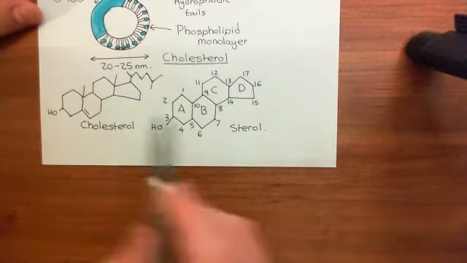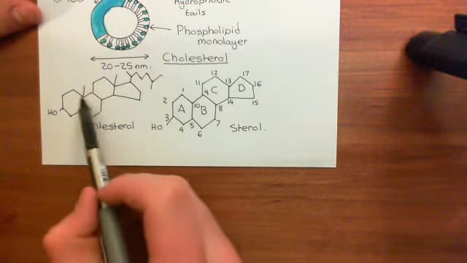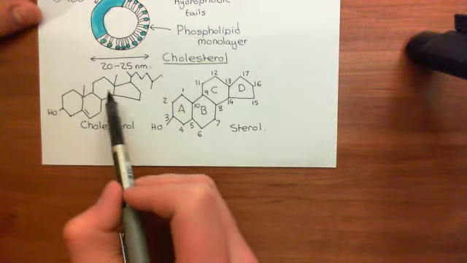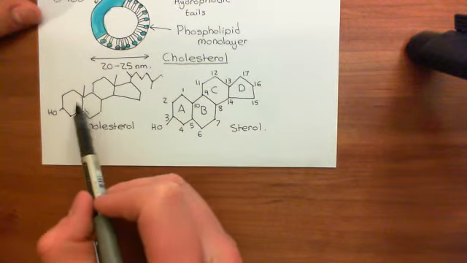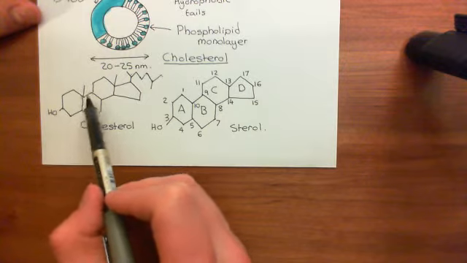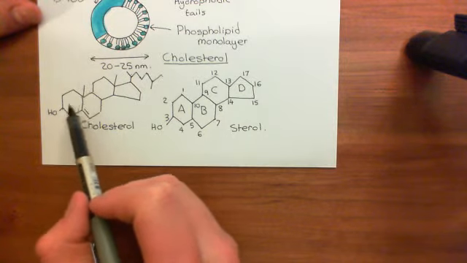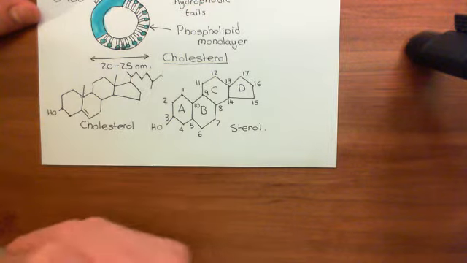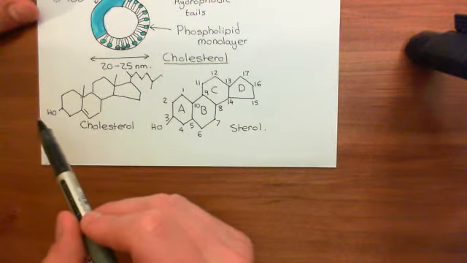Now, this steroid structure that you've got sitting here, these 4 rings that are all attached to each other, is extremely hydrophobic. We've got bonds between carbon atoms and other carbon atoms, and carbon atoms and hydrogen atoms, and I've told you that neither of those bonds are very polar at all.